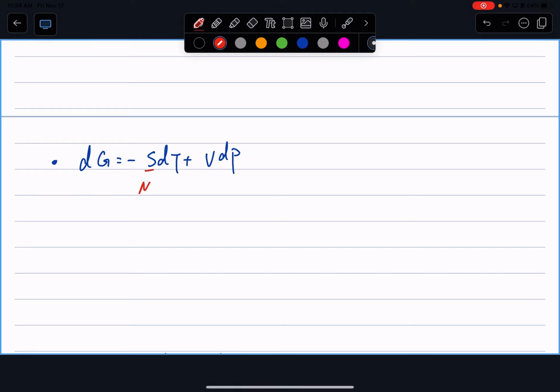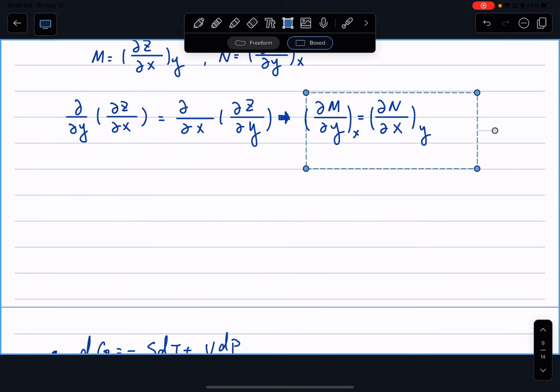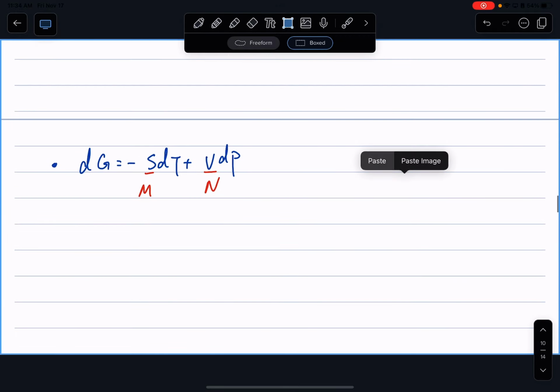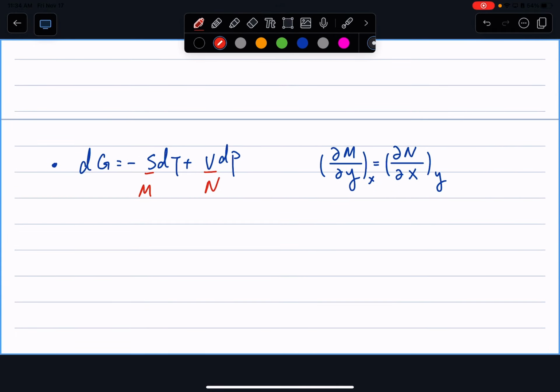So here S is our M, V is our N. So using this relationship here, you can easily write negative partial S over partial P at constant T equals the partial derivative of V over T at constant P.